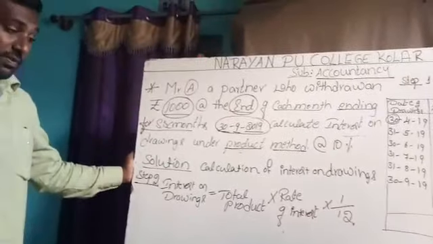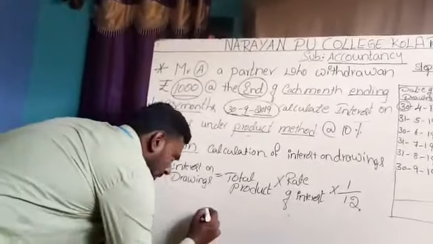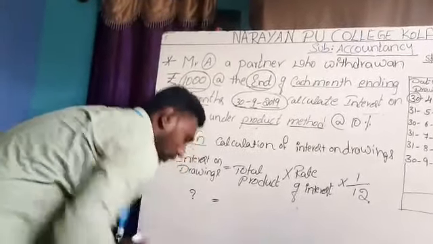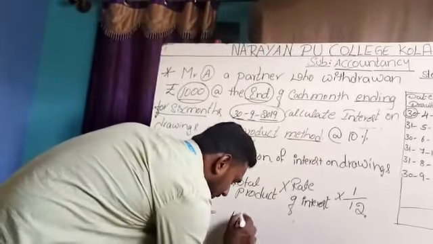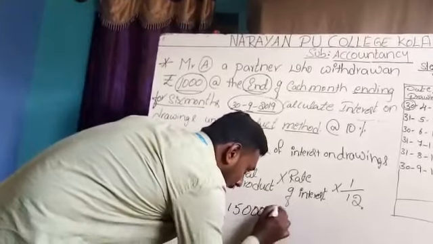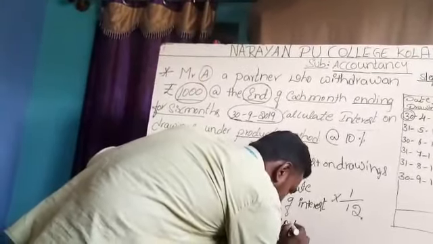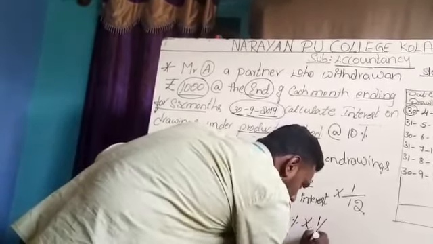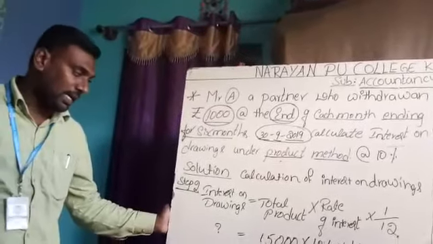How much interest we have to pay, that we have to consider. Now interest on drawings we don't know. So total product is already calculated, 15,000 into rate of interest 10% into 1 divided by 12. This is the common value which is available in our formula itself.